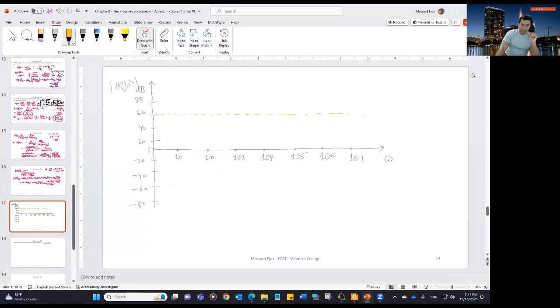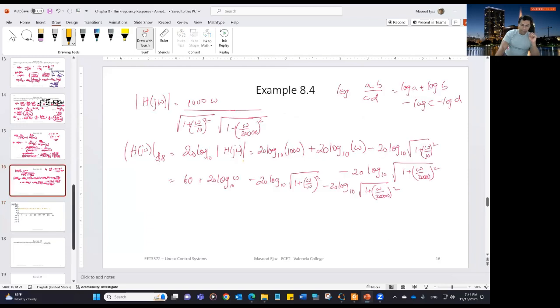My second term is 20 log to the base 10 of omega. Now, if omega is 1, then log to the base 10 of 1 is 0. If omega is 10, log of 10 will be 1, and 20 times 1 is 20. If omega is 100, it's going to be 40.